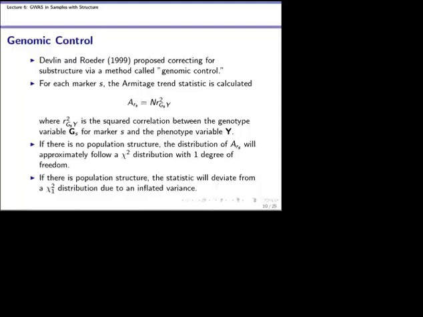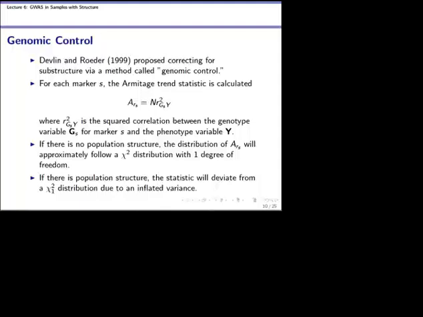That's the distribution we would expect under the null hypothesis. We expect the test statistic to follow a chi-squared 1 under the null, where there's no association. So you test all your SNPs, you plot your histogram, and you expect it to follow something like this.